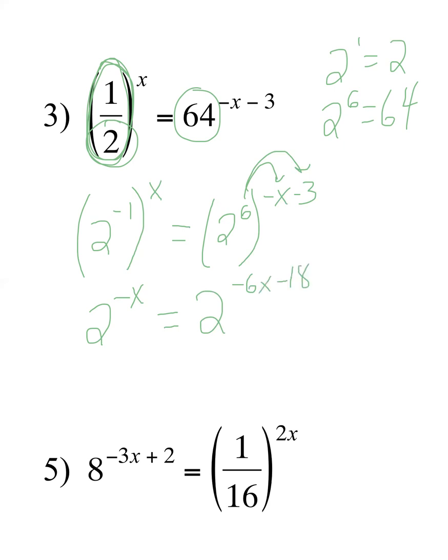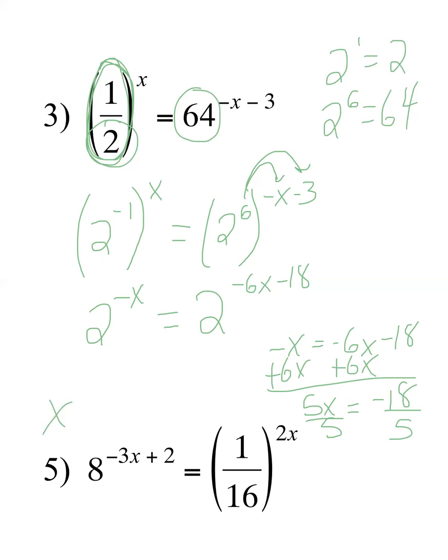Now I'm ready to set those exponents equal to each other. -x equals -6x minus 18. And we can boogie woogie here. We got 5x equals -18, divide by 5. I've got -18/5. Do you?